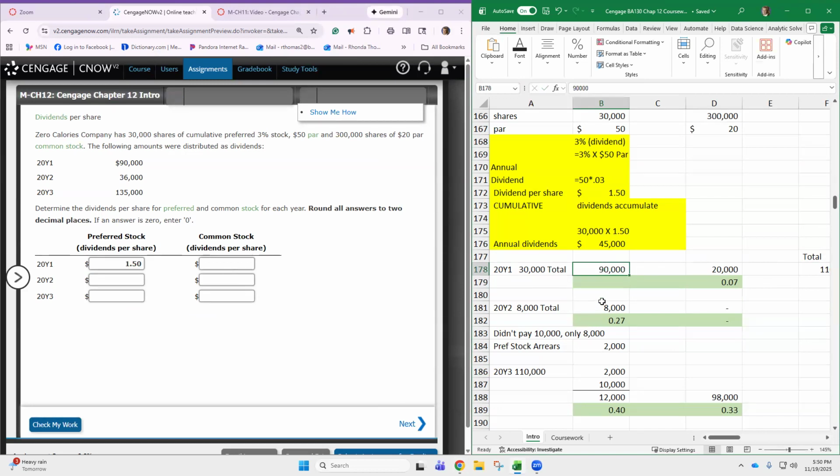They're sending out 90,000 in total. So let's go ahead and put the 90 here. So they'll be able to meet their obligation of the 45,000 there. So that's going to go to the preferred shares. So let me take some of this out.